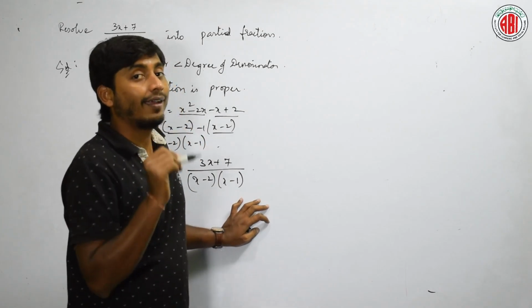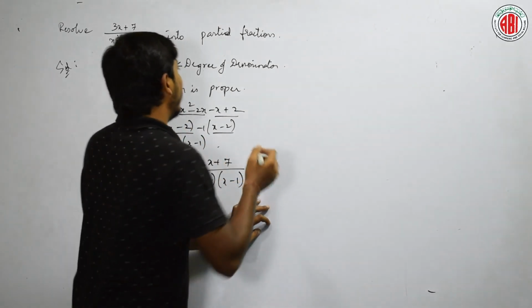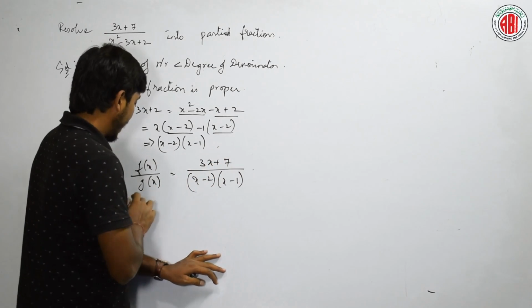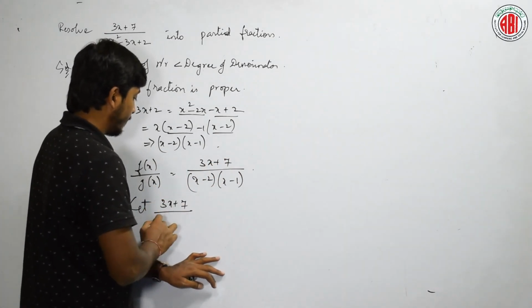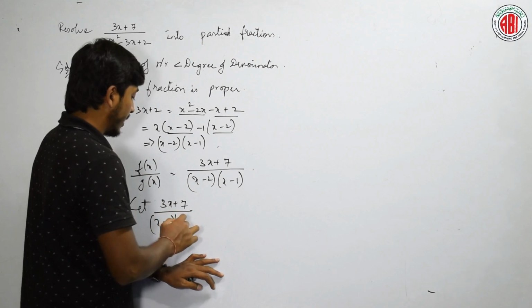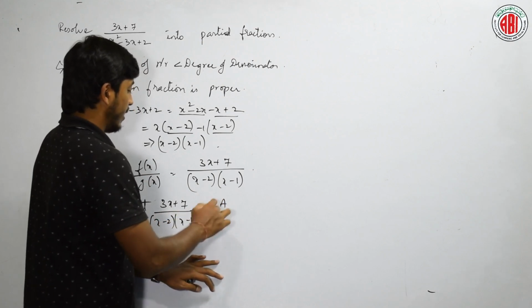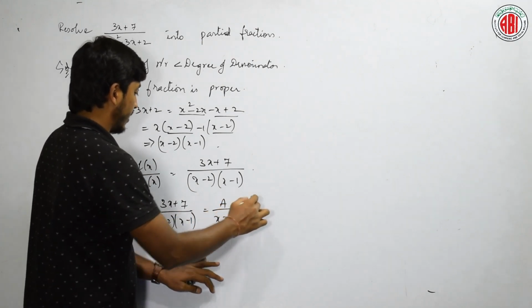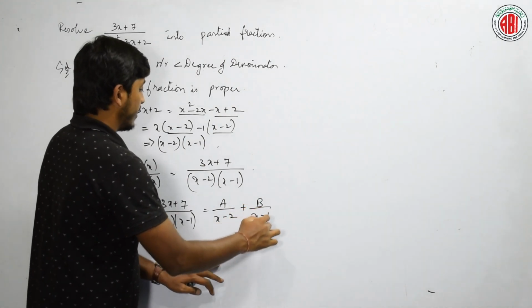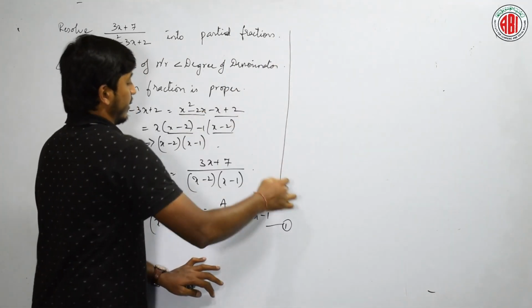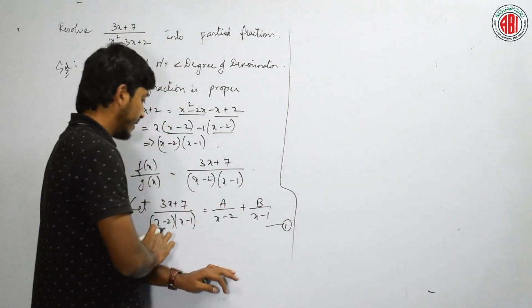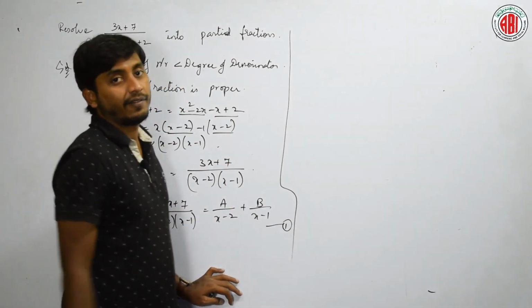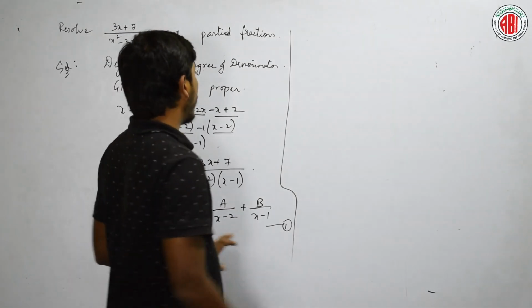Type 1, right. So, the first step: let (3x plus 7) by (x minus 2) into (x minus 1) be written as a by first factor plus b by second factor. Isn't it? A by first factor, b by second factor. So, let us cross multiply.